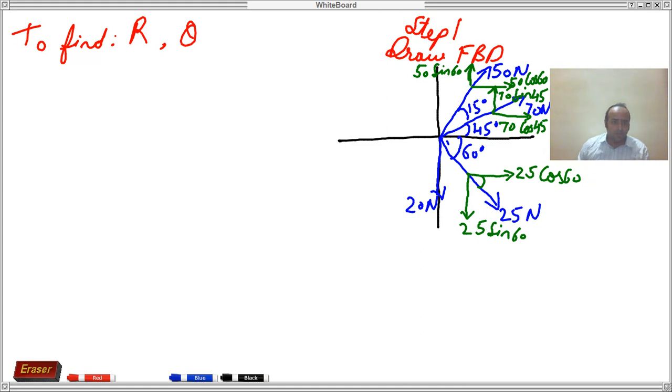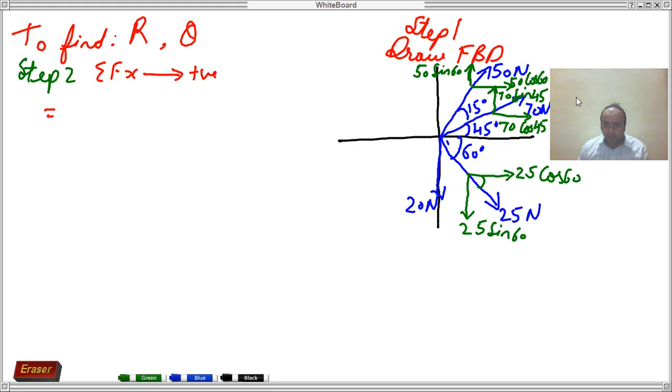Now step 2. Let us go one by one with the steps. Step 2 will be considering summation Fx, towards the right as positive, is equal to, taking the forces one by one from the top.